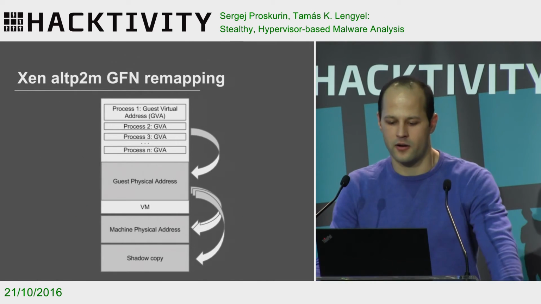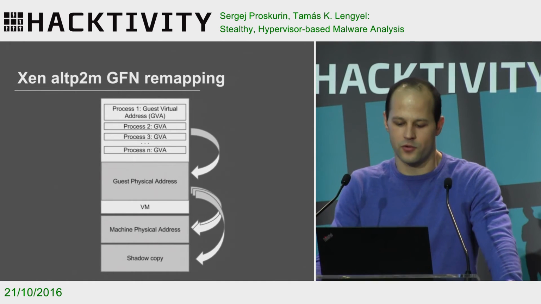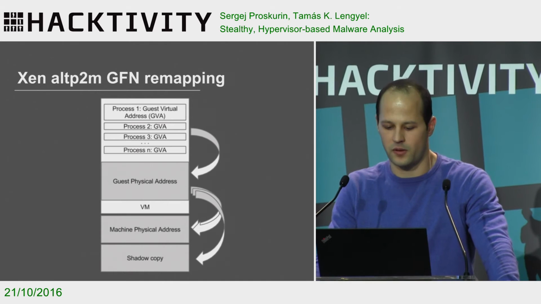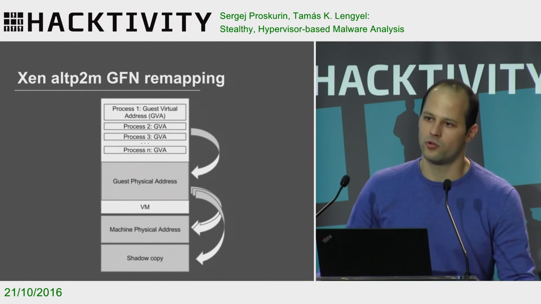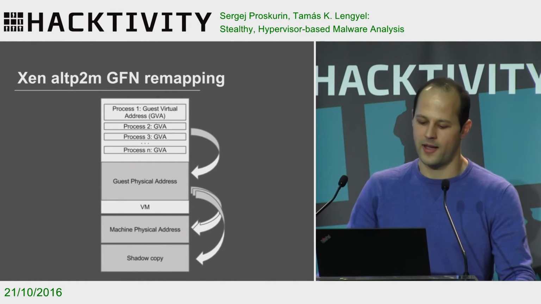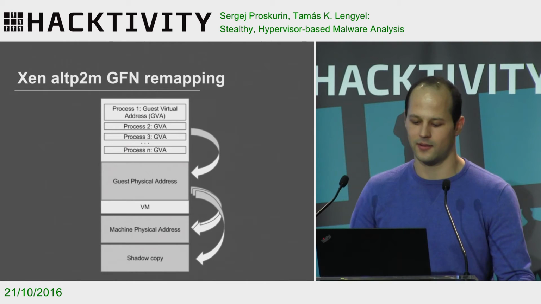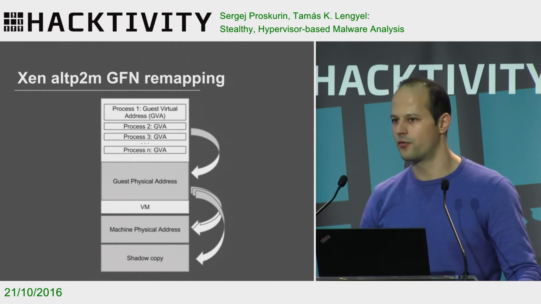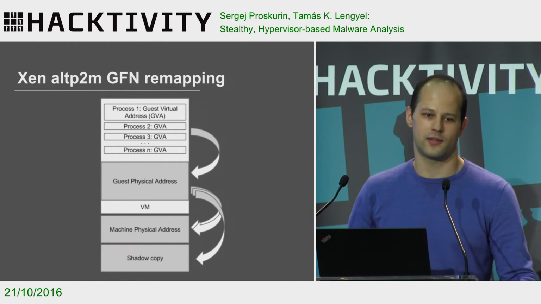So here we have our initial virtual machine monitor or hypervisor and virtual machine guest set up as before. Since the hypervisor uses Xen Alt-P2M at this point, we provide multiple mappings for the same guest physical addresses. This is illustrated here through the multiple arrows going out from the guest physical address.